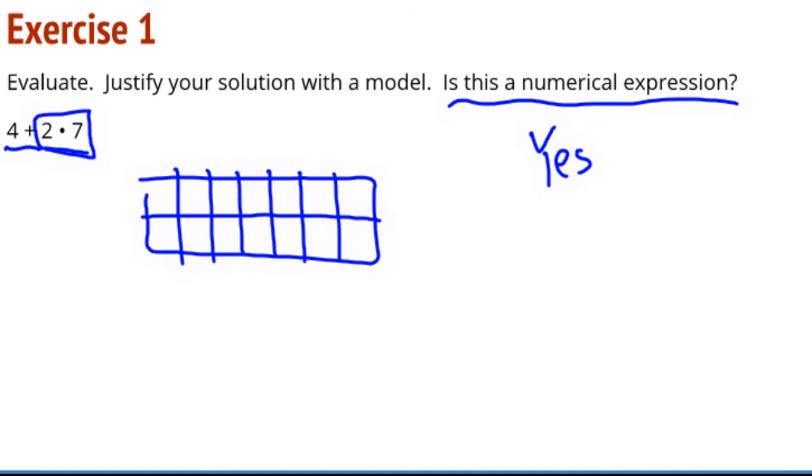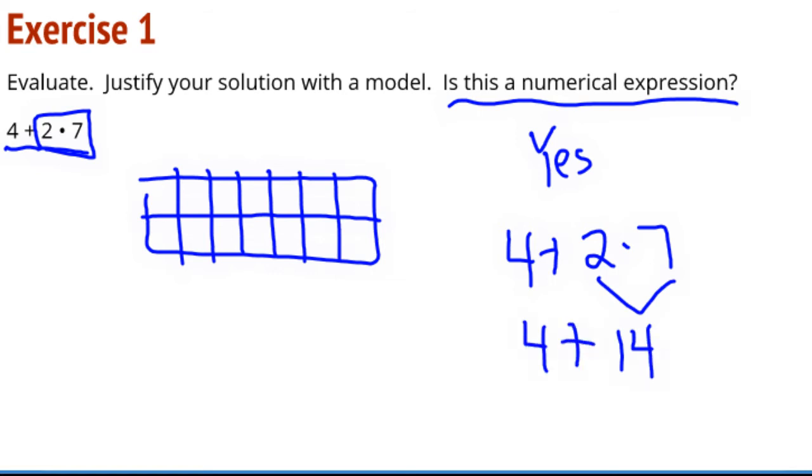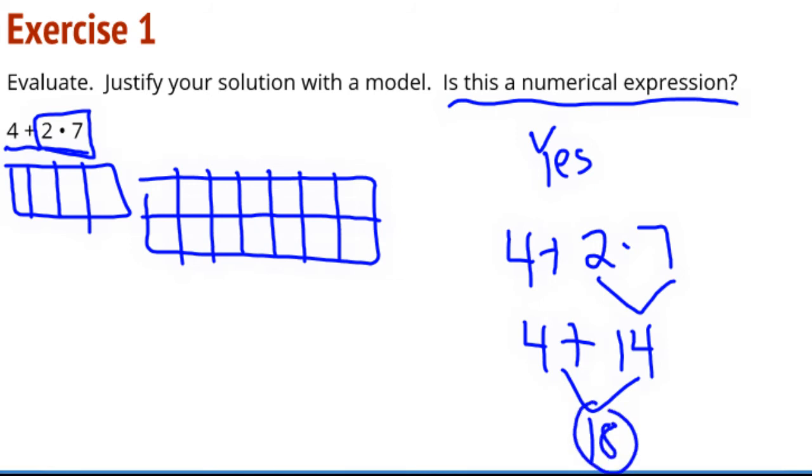On the side here, I'm going to show my work. 4 plus 2 times 7. I just did the 2 times 7 and found that I got 14. And so the next part that I need to perform here is adding the 4. 1, 2, 3. So altogether, I have 18. 2 times 7 is 14, plus 4 more is 18.